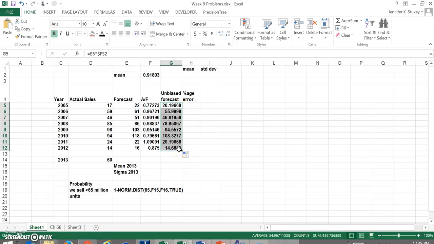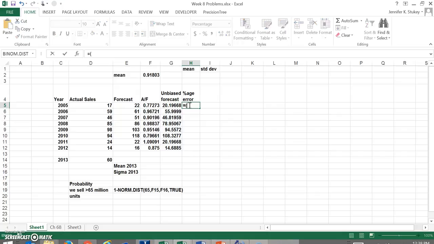The last thing I'm going to do in this little table is the percentage error. Here I'm calculating how off the unbiased forecast is from the actual sales. I start my formula with an equal sign, open parentheses, take my actual sales and subtract my unbiased forecast, then close parentheses and put the whole thing over my unbiased forecast.